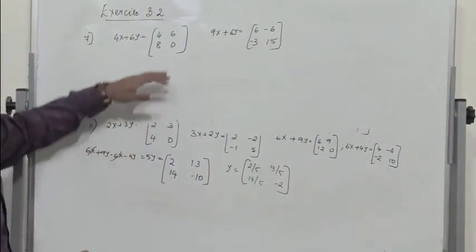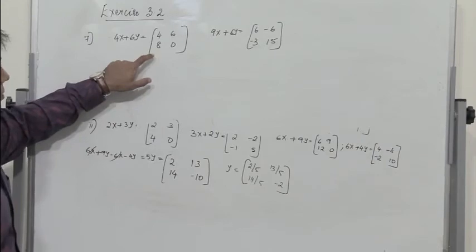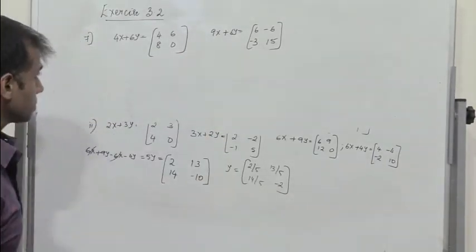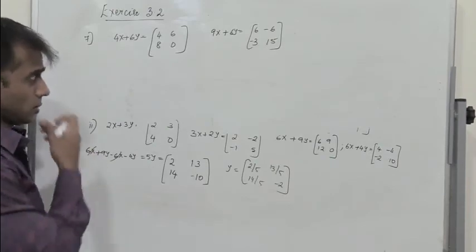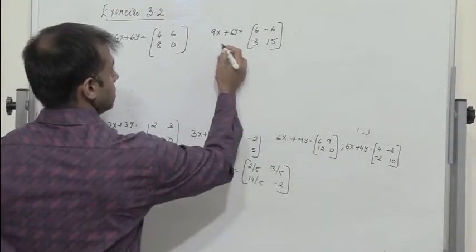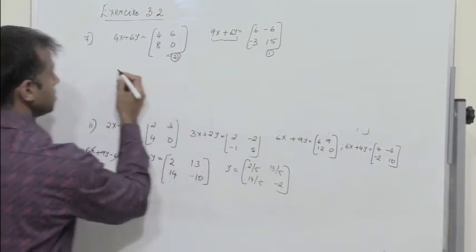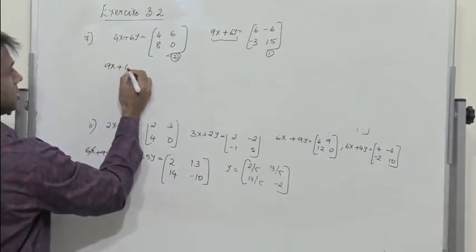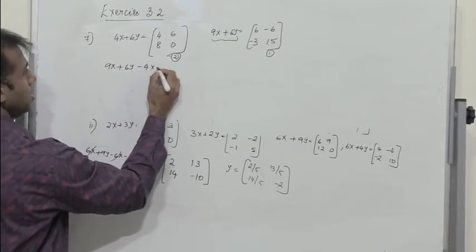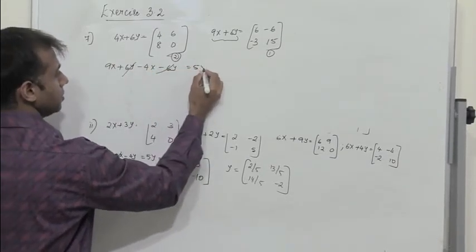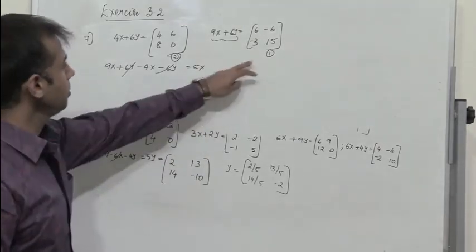Right? So I need to multiply this with 2 and this I multiply it with 3. So to get the value of x, what we do is, let me call this as 1 and let me call this as 2. So 1 minus 2, so I get 9x plus 6y minus 4x minus 6y. So we get 5x. So what is 5x? 1 minus 2.